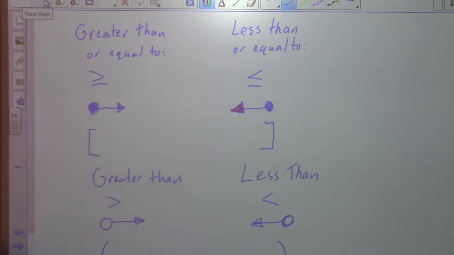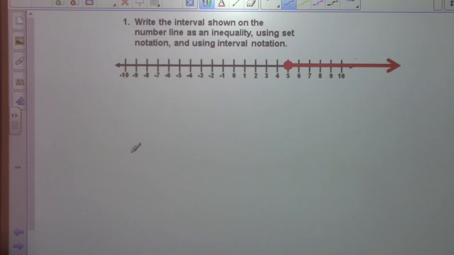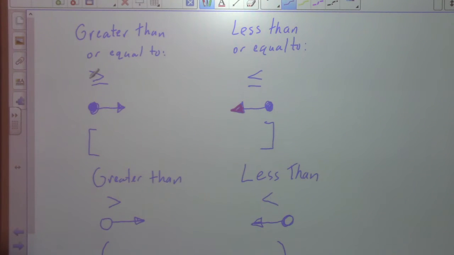So what I want you to do is go to problem number 1. You're given this number line notation, and you're asked to write it as an inequality, set notation, and interval notation. And set notation is what? Set notation is just inequality notation, but with all those curly brackets, right?